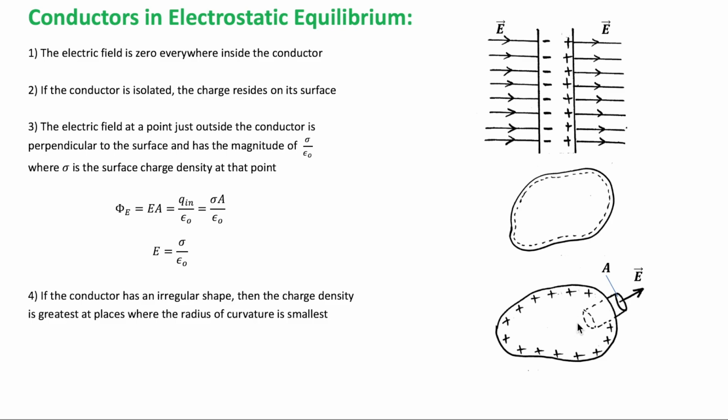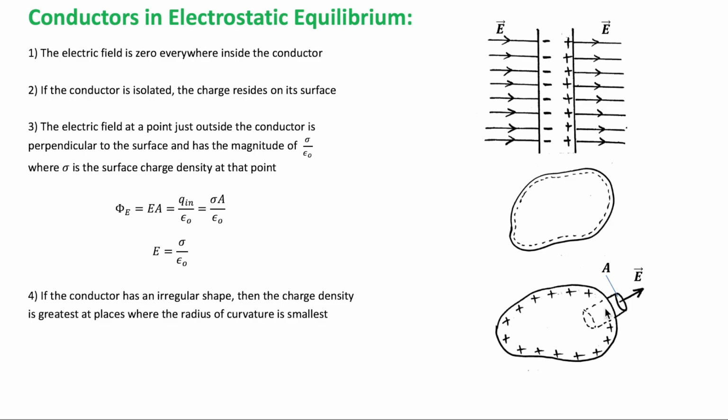Because the conductor is in electrostatic equilibrium, the field is normal, so perpendicular to the surface, okay? Otherwise, if the field had any component parallel to the surface, the free charges on the surface would feel an electric force, right?